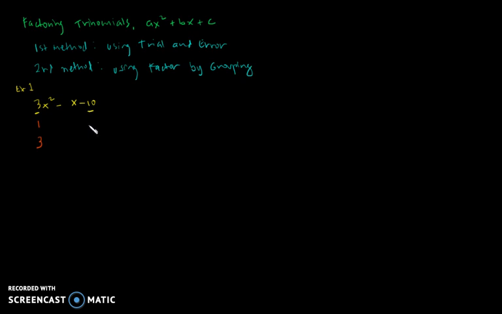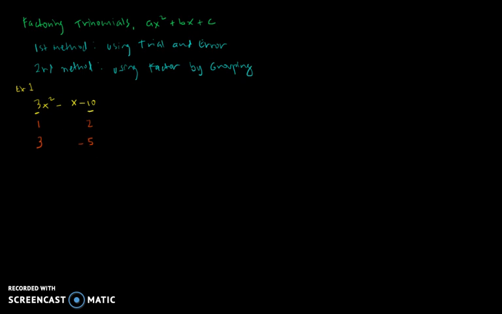Okay, so we just have to choose. Let's say 2 and negative 5. Again, what I did is I got the factors of 3, that is 1 and 3, then the factors of negative 10, that is 2 and negative 5.